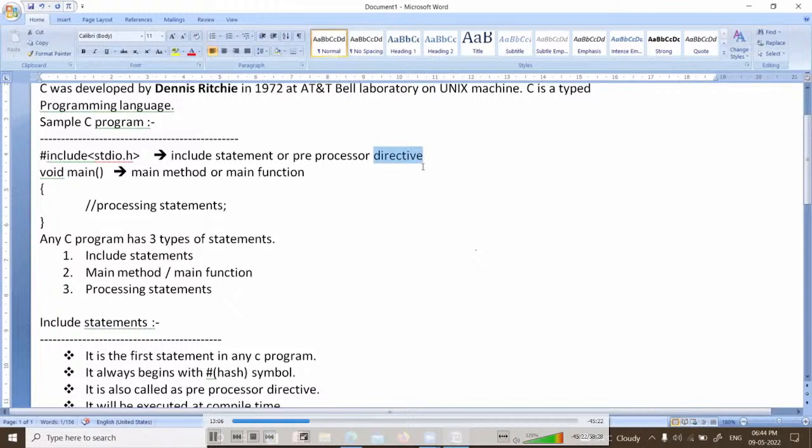Now, why do we have to use this line here? What is the use of hash include stdio.h? Suppose I need a tablet. Where will it be available? It will be available in a medical shop. Suppose I want to hold a function at my home. I need many tables, chairs and tents, which I can bring from a tent house.